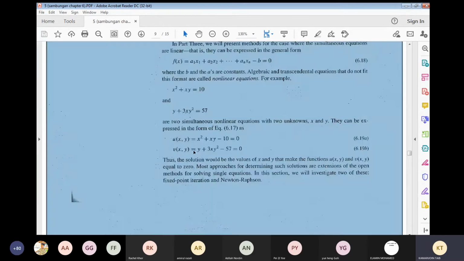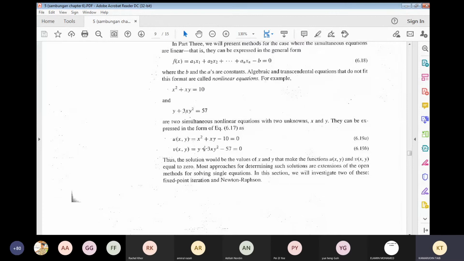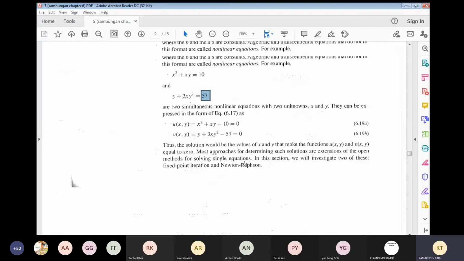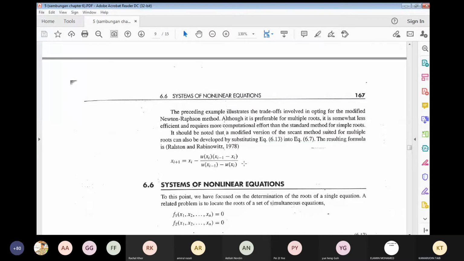And v equals y plus 3xy squared minus 57, where we bring the 57 to the left hand side, setting it equal to 0. Okay. So that is u and v.